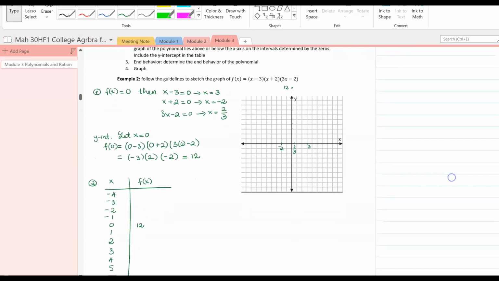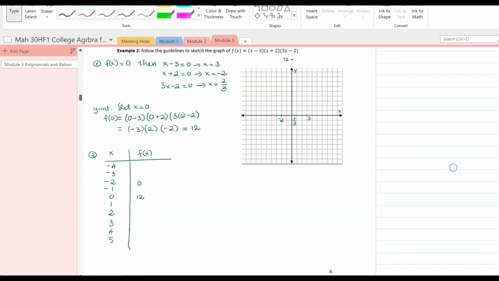When x equals negative 2, that is 0. When x equals 2/3, we add that in, and we get 0.